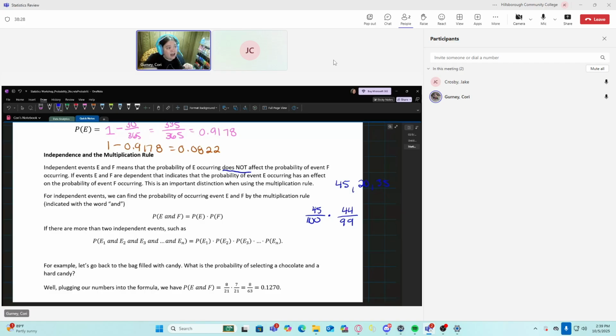If it does not affect the probability, that means it's independent. If they are dependent, the probability of E is affecting the probability of F. What would be an example of one where taking one out of a group would somehow not affect the probability?